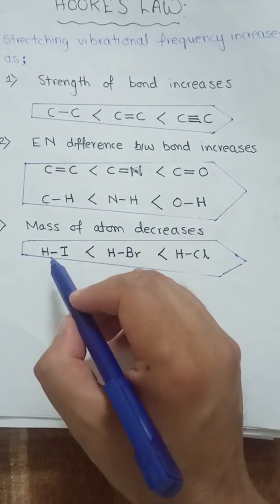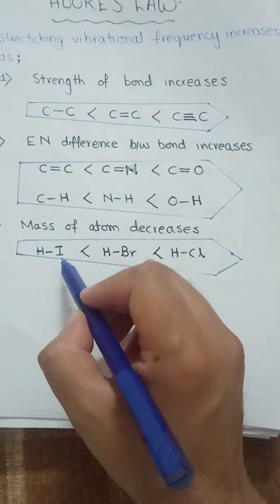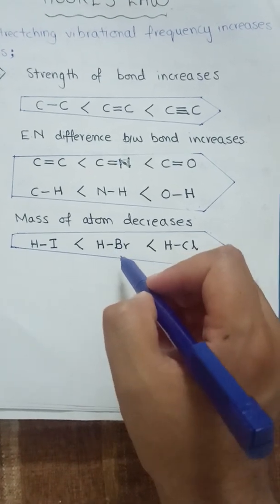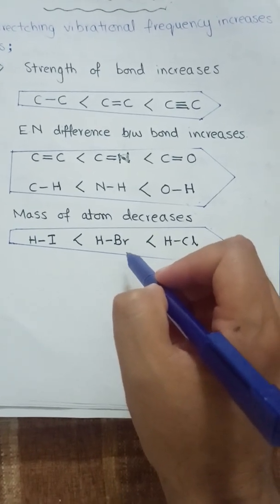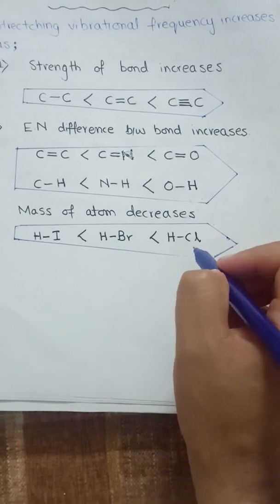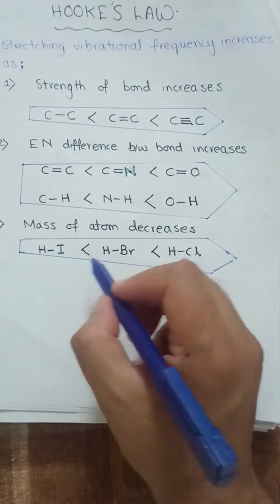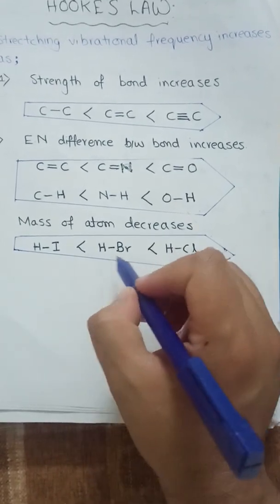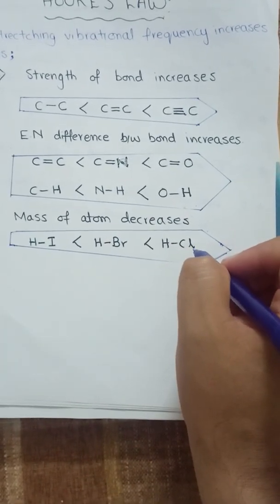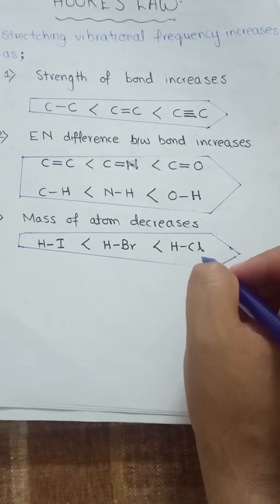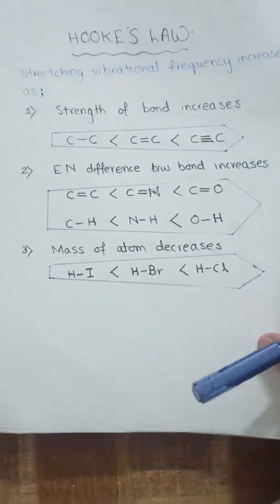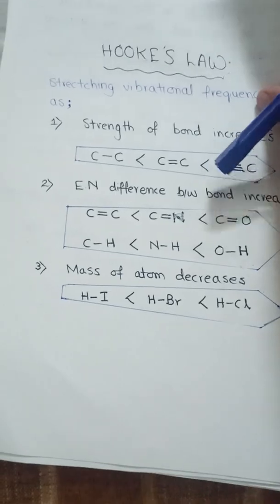Here we have an example: hydrogen iodide has less absorption frequency than hydrogen bromide, and hydrogen bromide has less absorption frequency than hydrogen chloride. So the mass of the atom, iodine, bromine and chlorine, is going to decrease, then absorption frequency is increased because the other atom is hydrogen, which is the same in all three bonds.